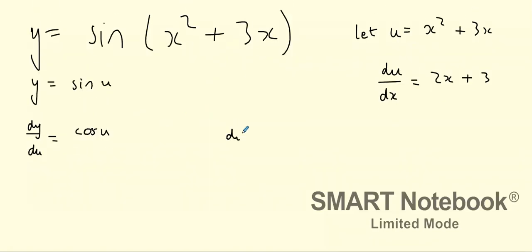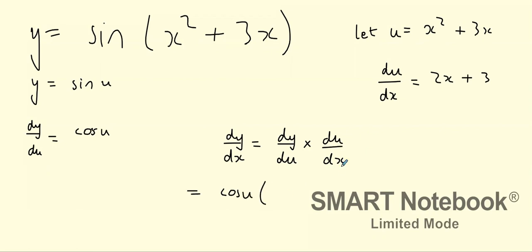And now all you need to do is multiply the two together. So dy by dx equals dy by du times du by dx. And so dy by du was cos u. Du by dx was 2x plus 3. I'm not going to put this in brackets like that.